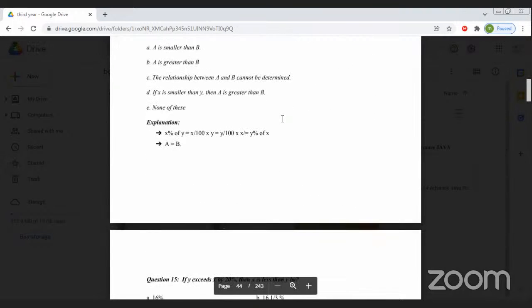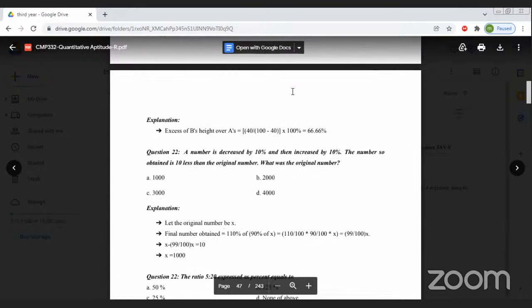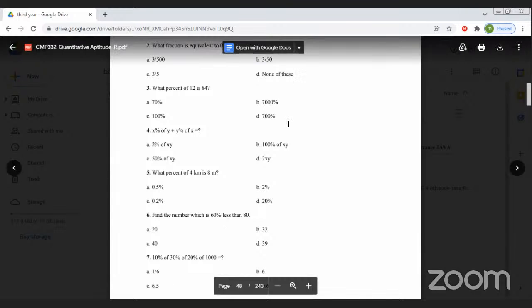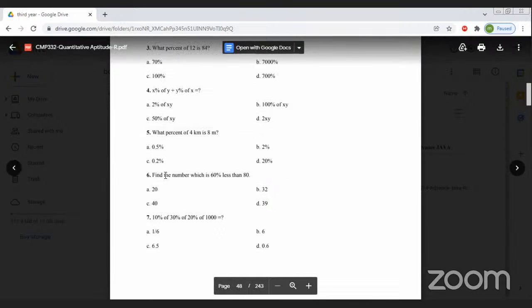Try to solve all the sums from your textbook, that is the solved examples as well as the assignments which you have in your textbooks. If anyone has doubts, tell me; if not, let's take one example from it.